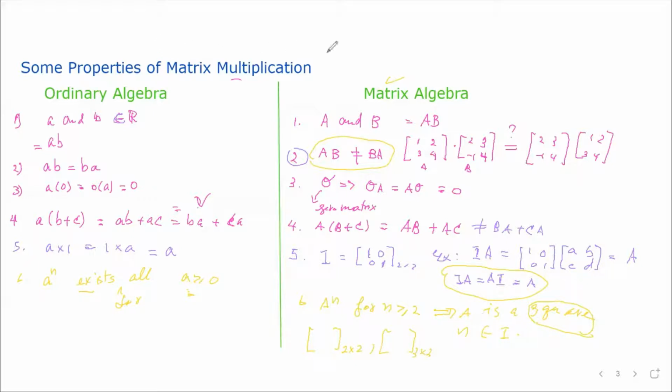Okay, then just now we took a look at the idea if we compare ordinary algebra and matrix algebra. This is the one, okay? And then we go to the next example. After this, we can use the idea we just talked about here, okay?